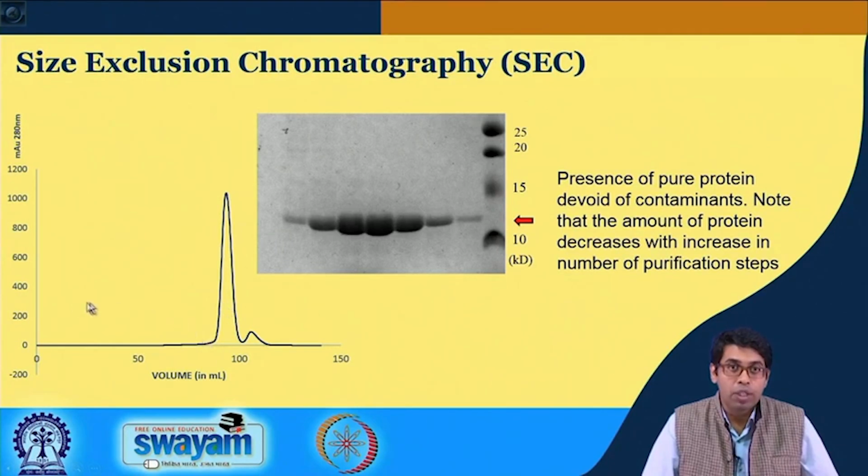So, every other protein is either here or here. Now, again an SDS-PAGE gel was run for the fractions under this peak, and we can see that we have only our protein in these fractions and there are no other proteins in these fractions. So, now after size exclusion chromatography we have a highly pure protein.